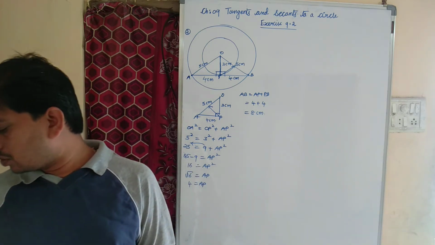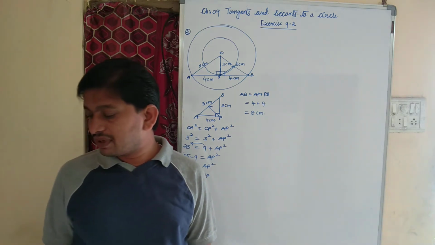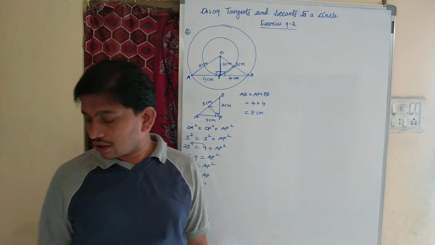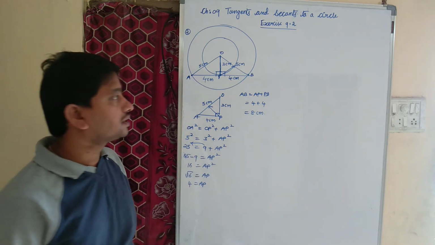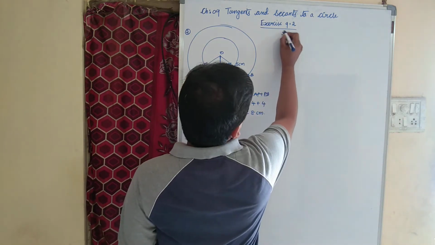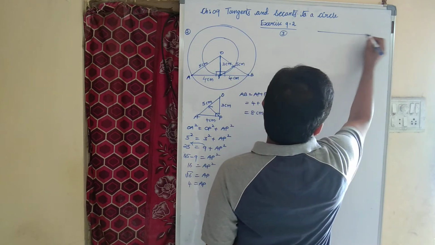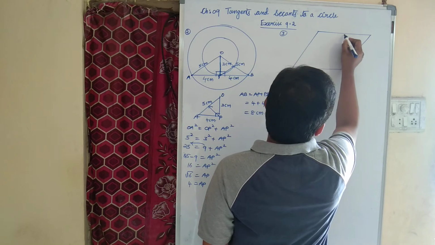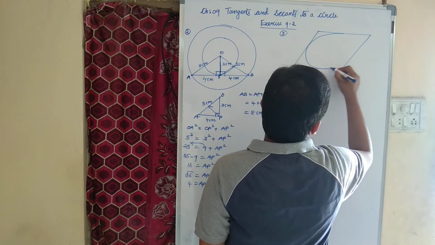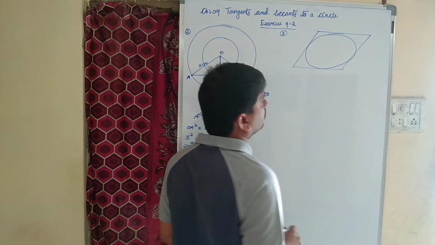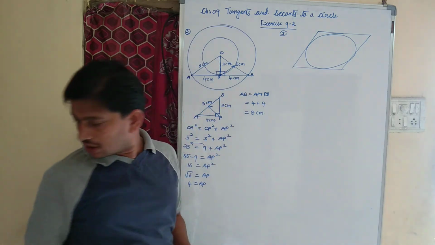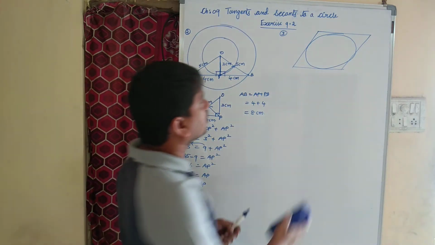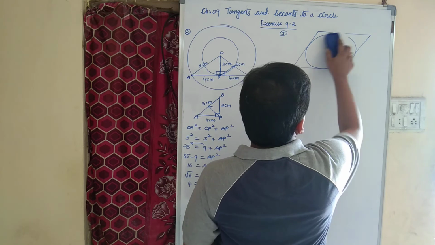Next, coming to question number 3. Prove that a parallelogram circumscribing a circle is a rhombus. Parallelogram circumscribing a circle is a rhombus.